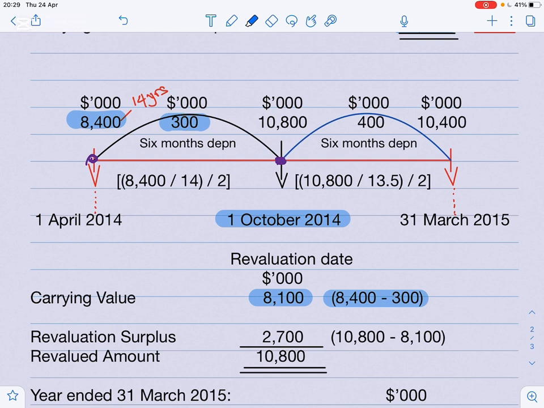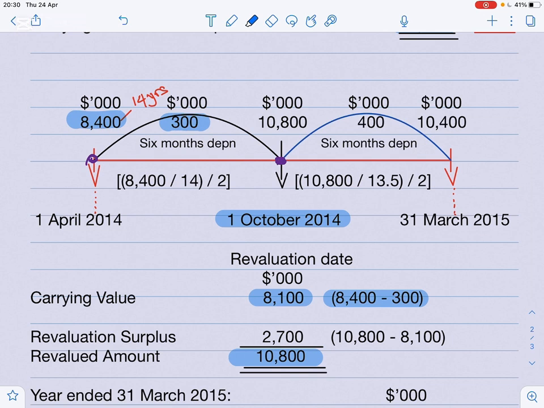So if we do not revalue as at 1st October 2014, what this company will have left will be $8.1 million. However, the company decided to revalue its property. So the current value is 8.1 as at the date of revaluation exercise, but the market value, look at it here, is 10.8.